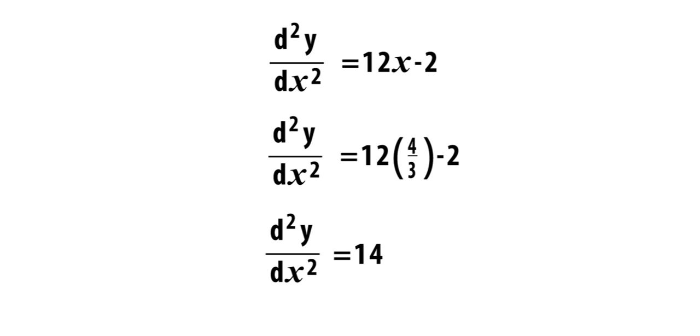Simplifying that will give us d squared y dx squared is equal to 14. Now this value would not be used. We are only going to check the sign of this value. A positive value means it is a minimum turning point.